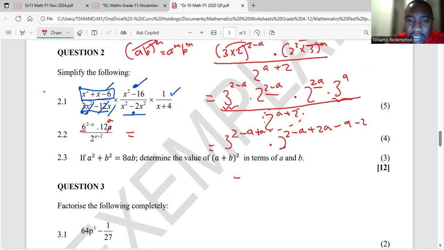Then what will be the answer now? A and a cancels out. I'm left with 3 squared, a minus 8 minus 2a, that cancel out. And then that one and that one also cancels out. Okay, so I'm left with 2 to the 0, which is 9 multiplied by 1, which is 9.